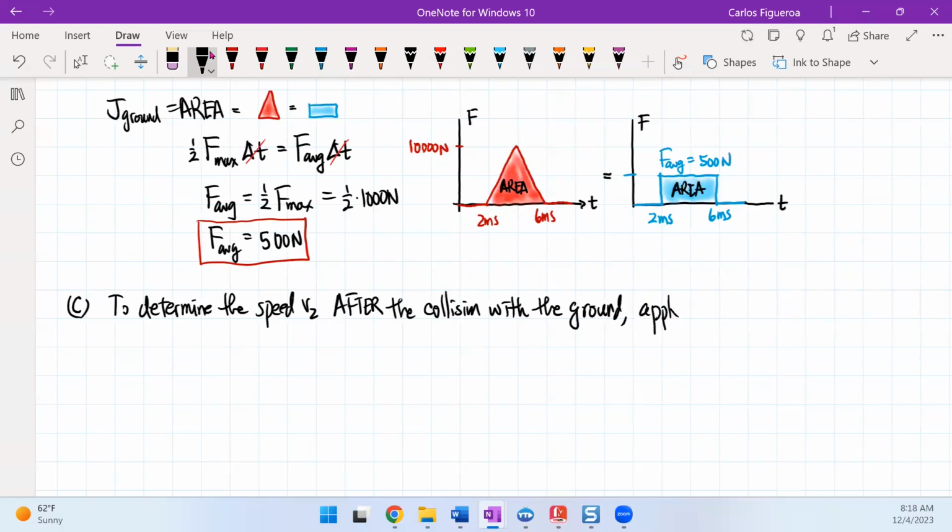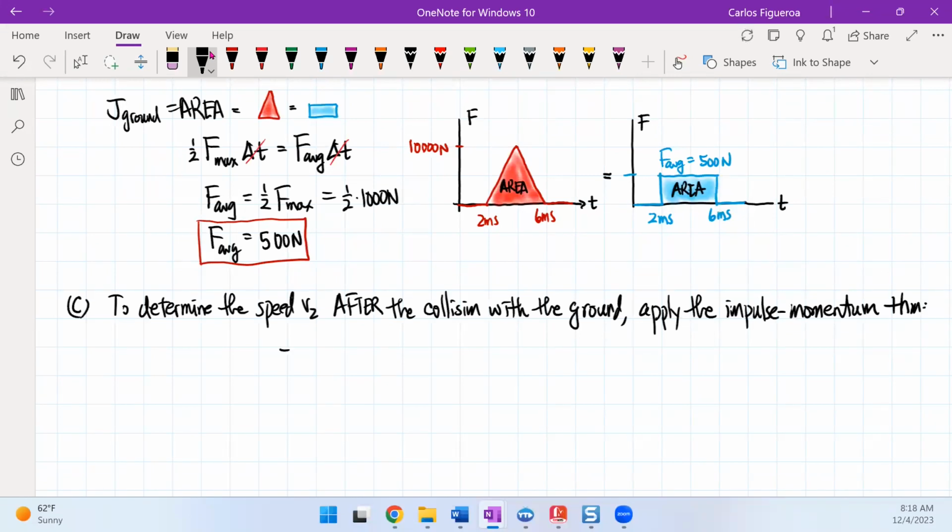Apply the impulse momentum theorem. And we already wrote that out.